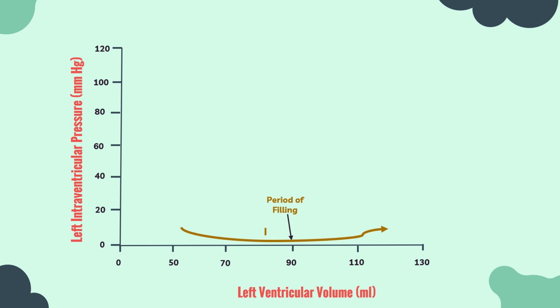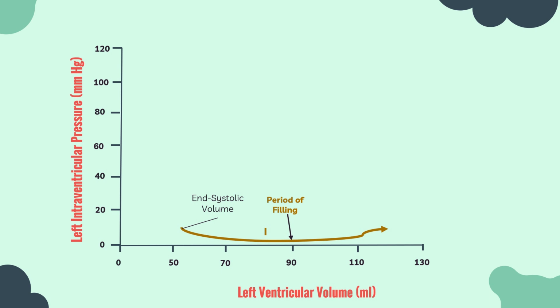Phase 1 in the volume pressure diagram begins at a ventricular volume of about 50 milliliter and a diastolic pressure of 2 to 3 millimeter of mercury. The amount of blood that remains in the ventricle after the previous heartbeat, 50 milliliters, is called the end systolic volume.